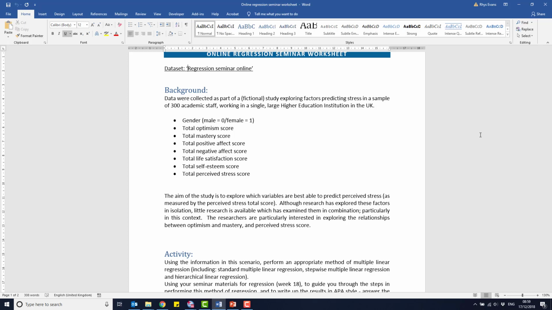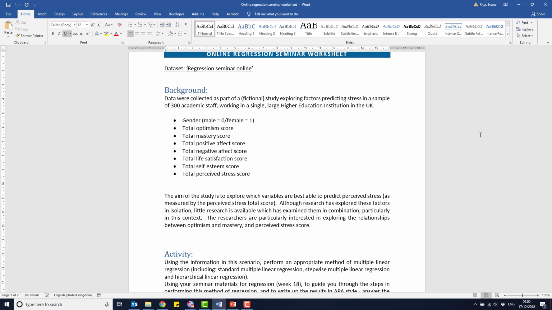Okay. So in the data set, we have a variable called gender. That's a categorical variable. In this case, it only has two categories. So males have been coded as 0 and females have been coded as 1. You should remember from your previous regression lecture and seminar that with categorical variables, knowing how they've been coded is really important when it comes to interpretation.